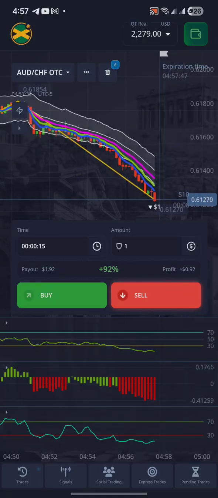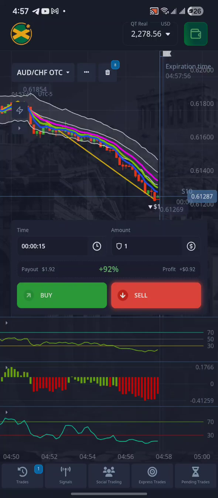Few things I can move them down. Nope. Alright, looks like they're done. Yeah, they're done. Sometimes you get a whole heap of them.